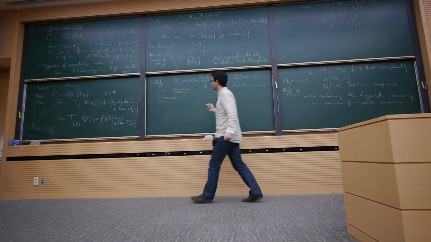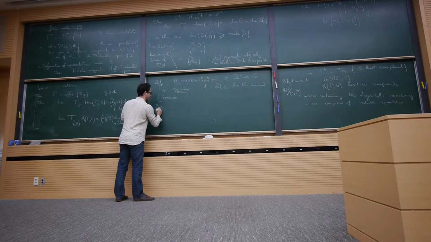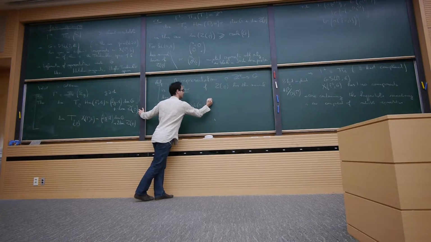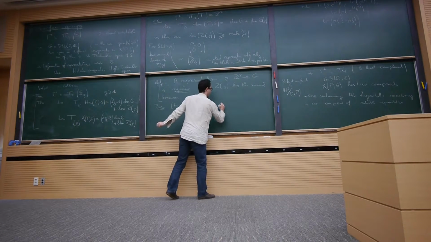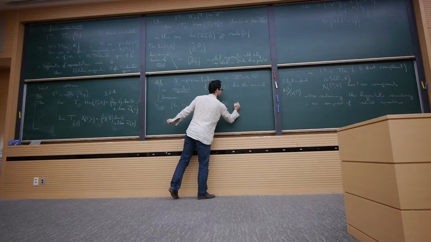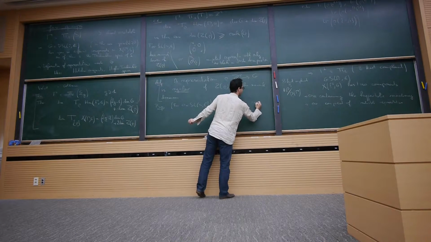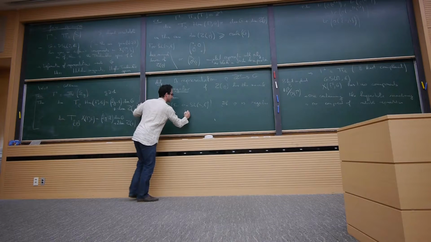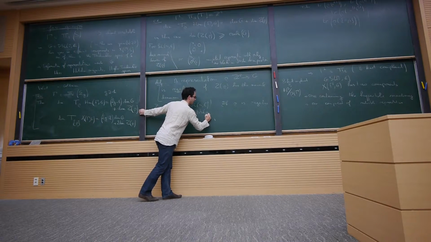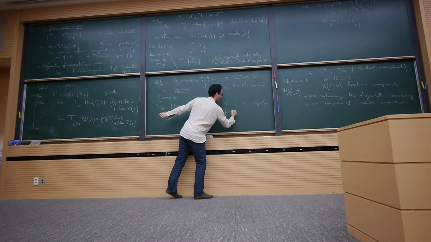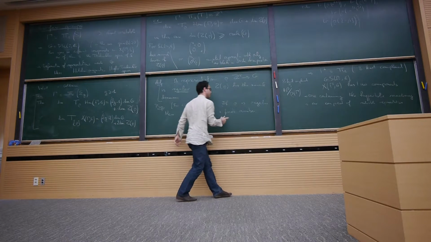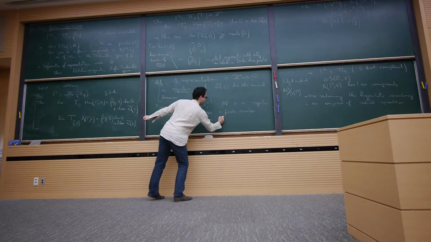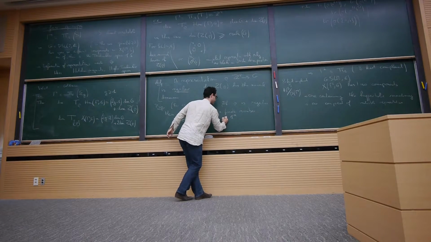So I will just mention that proposition: for G equal to SLn, if rho is regular, then it stabilizes a finite number of subspaces in C^n.